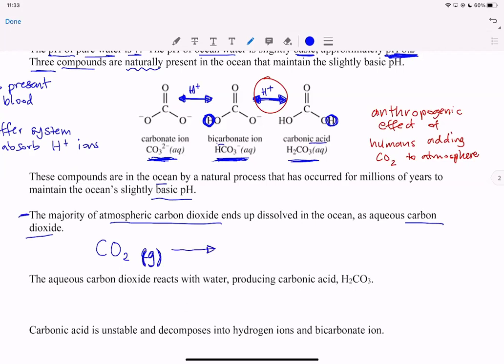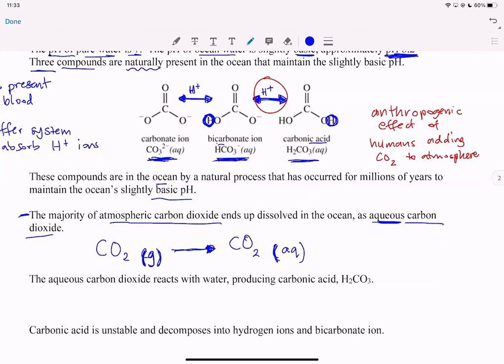And when it's dissolved in the ocean, CO2 is now aqueous. You can't see this going on. You can't see the carbon dioxide in the atmosphere, and you definitely can't see it getting dissolved into the ocean. But it happens because water can dissolve so many things.